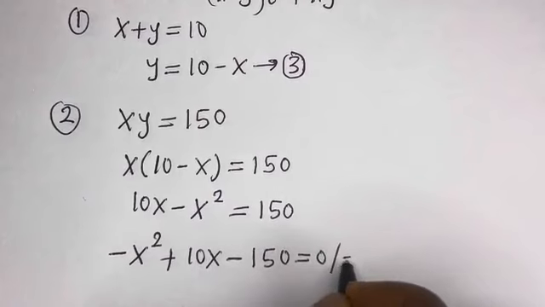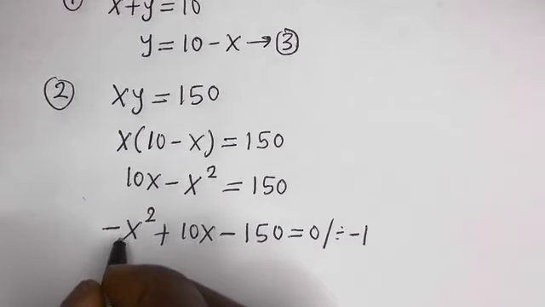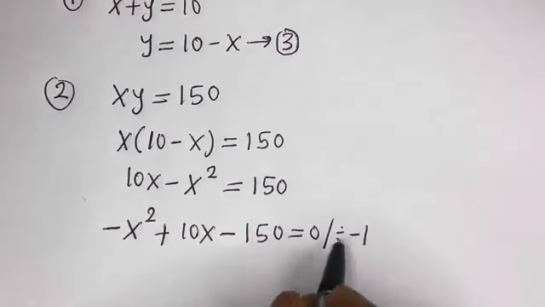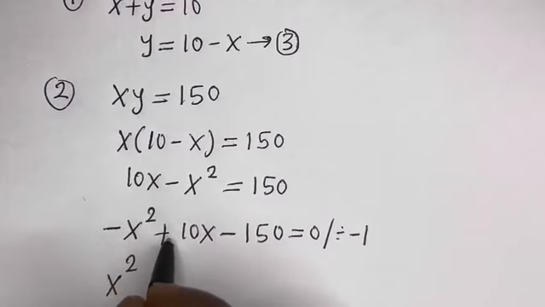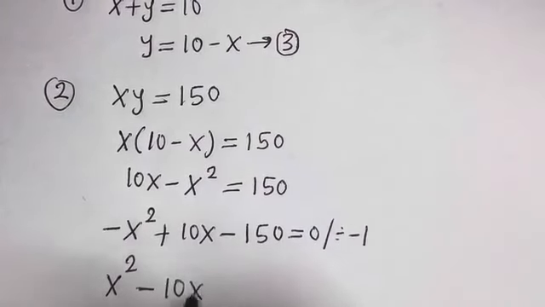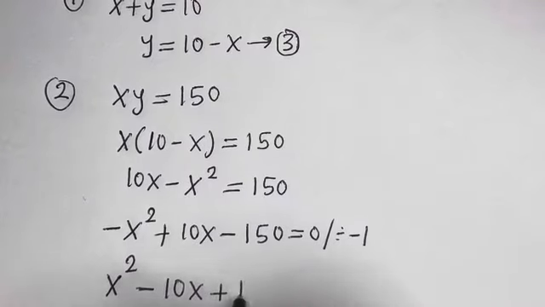Let us divide all through by minus 1. Minus s squared divided by minus 1 gives s squared, 10s divided by minus 1 gives minus 10s, and minus 150 divided by minus 1 gives plus 150 is equal to 0.